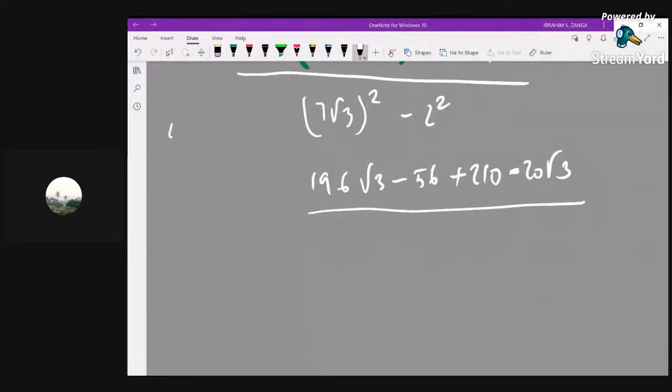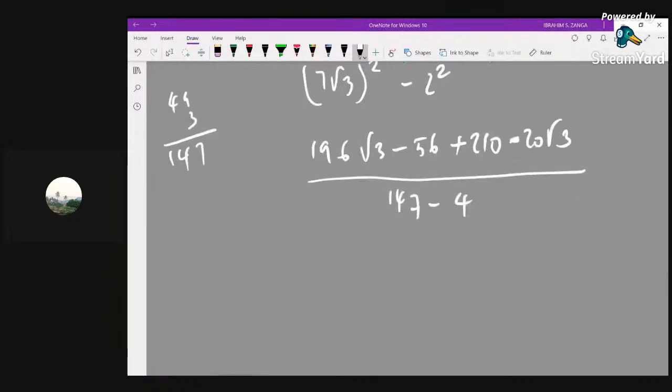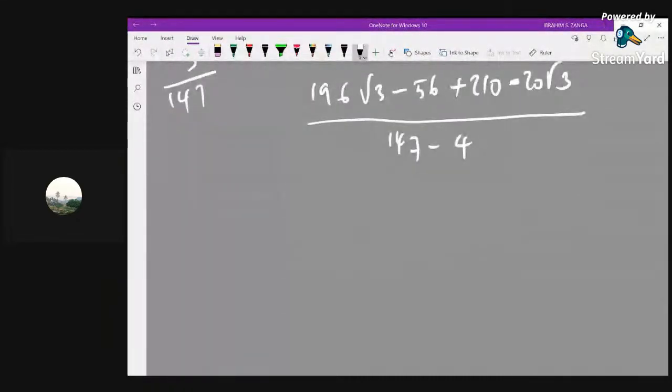So having 49 times 3 here, you're going to get 147. So 147 minus 4. We proceed. 196 minus 20, obviously going to be 176 root 3 minus, it's not minus, actually it's plus. So you take 210 minus 56, you get 154.